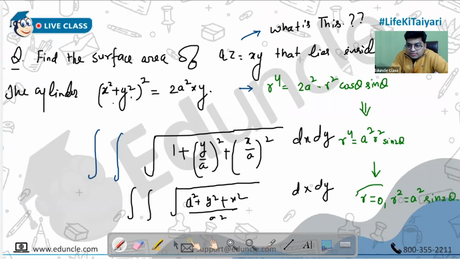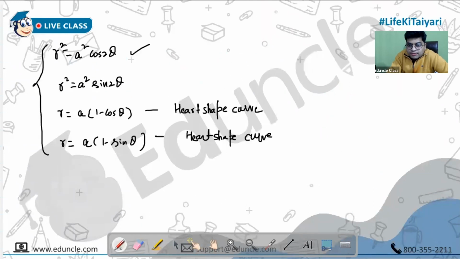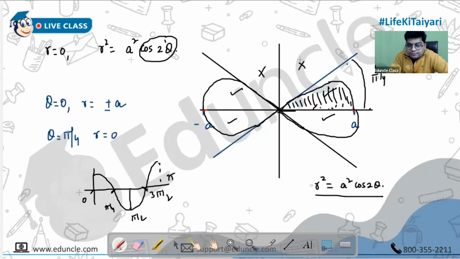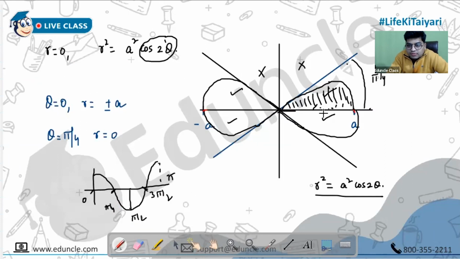We discussed a similar problem in the morning, r square equal to a square cos 2 theta. But in that problem you took the limit 0 to pi by 4 and multiplied by 4 times and 2 times.